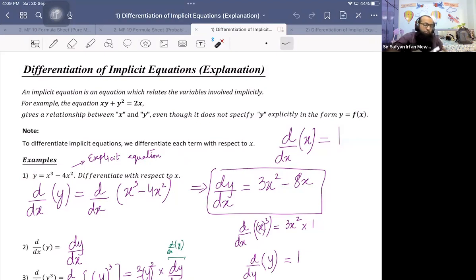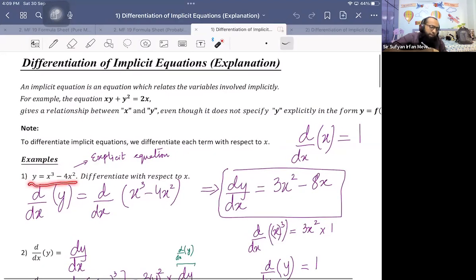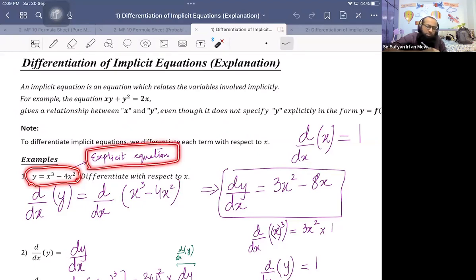So y was expressed in terms of x: y equals x cubed minus 4x squared, and this is an explicit equation, not an implicit equation.